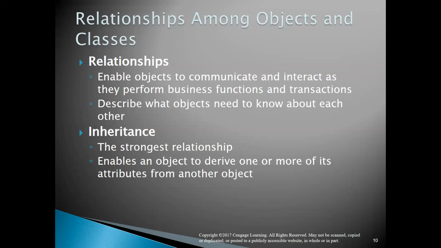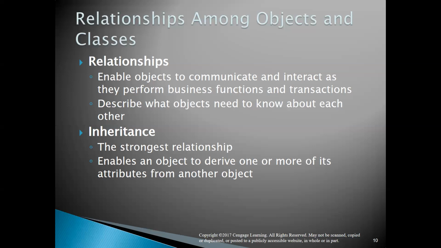Looking at inheritance, the strongest relationship enables an object to derive one or more of its attributes from another object. So with inheritance, it is the strongest relationship. It communicates and interacts with other objects, with one or more attributes derived from another object. That is what inheritance is about.